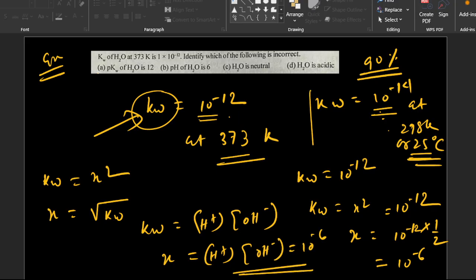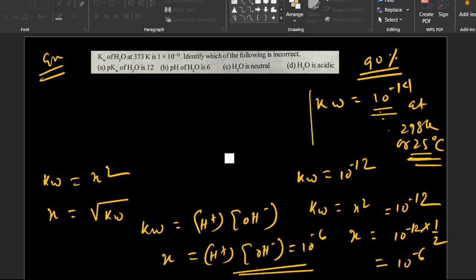So what is this? The pKw for H2O is 12. Yes. If Kw is 10 raised to minus 12, then pKw will be the negative logarithm of Kw.